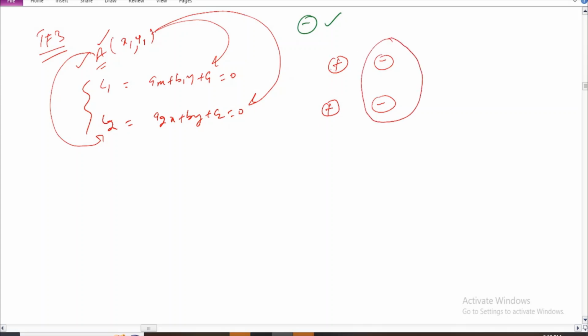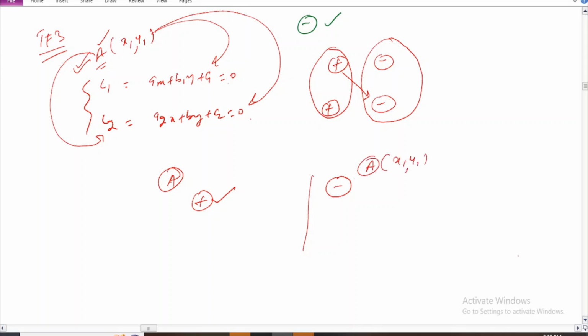If both lines give the same sign, the positive sign will give us the angle bisector containing the point. If opposite signs, this one positive and this one negative, the negative sign gives us the angle bisector containing the particular point (x1, y1). Let's see an example.